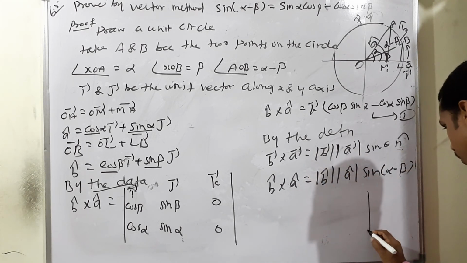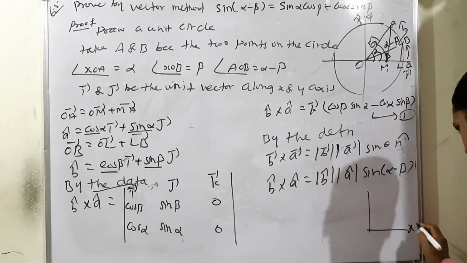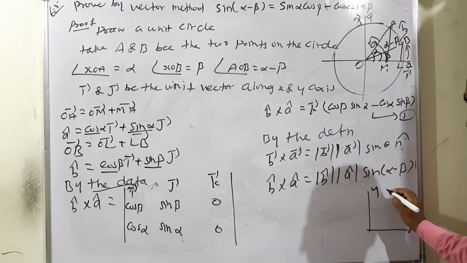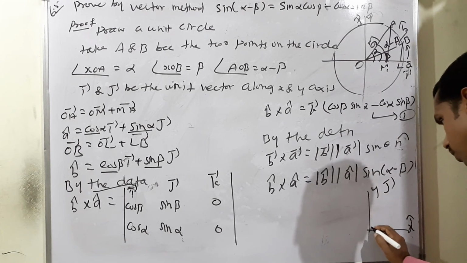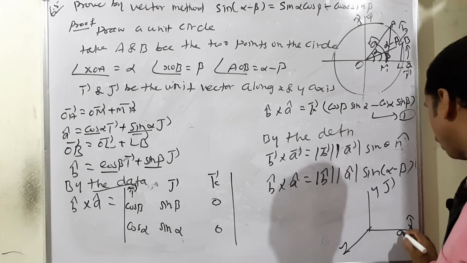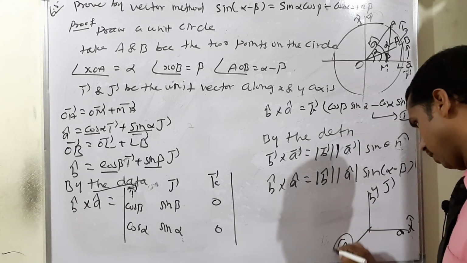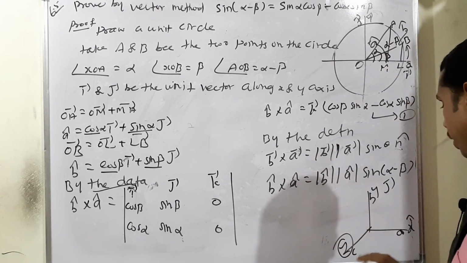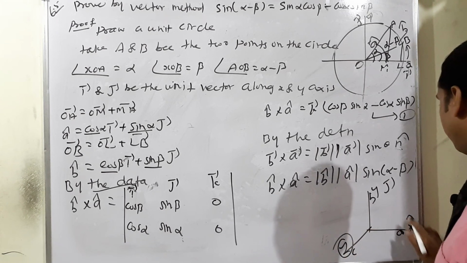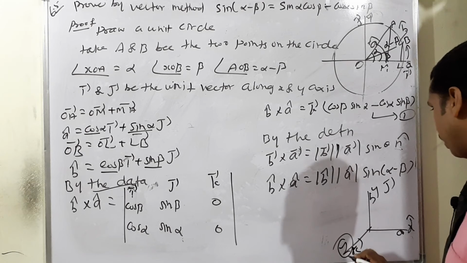But n cap, look there, is perpendicular to A and B. Already we know x-axis means i vector, y-axis means j cap, isn't it? So the third one is considered Z. So perpendicular to x and y, definitely we can write Z, which means k vector, isn't it?